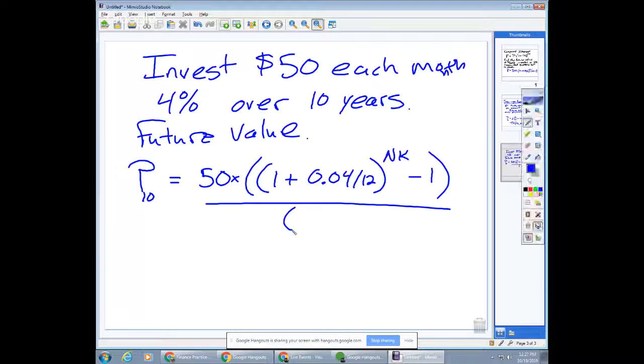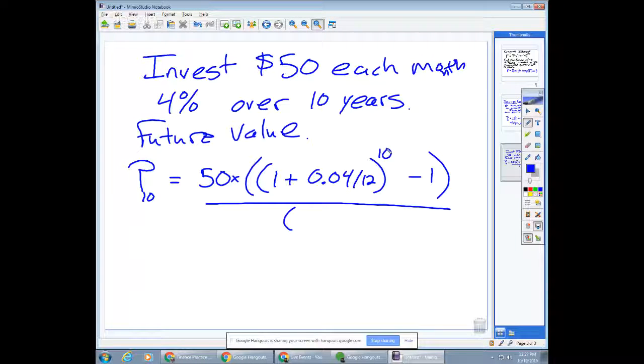Let's fix that. N is 10, k is 12, my exponent. And in the bottom, I'm going to have 0.04 over 12. And the denominator has to be in parentheses, otherwise the order of operations gets screwed up. It does it in the wrong order.